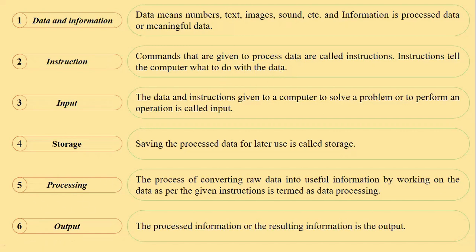For example, suppose you enter two numbers 5 and 7 into the computer and want the computer to add them and find their sum or addition. For this, you also need to enter an instruction to add the numbers, like add 5 and 7, or you have to write 5 plus 7, then only the computer is going to give you the desired result.